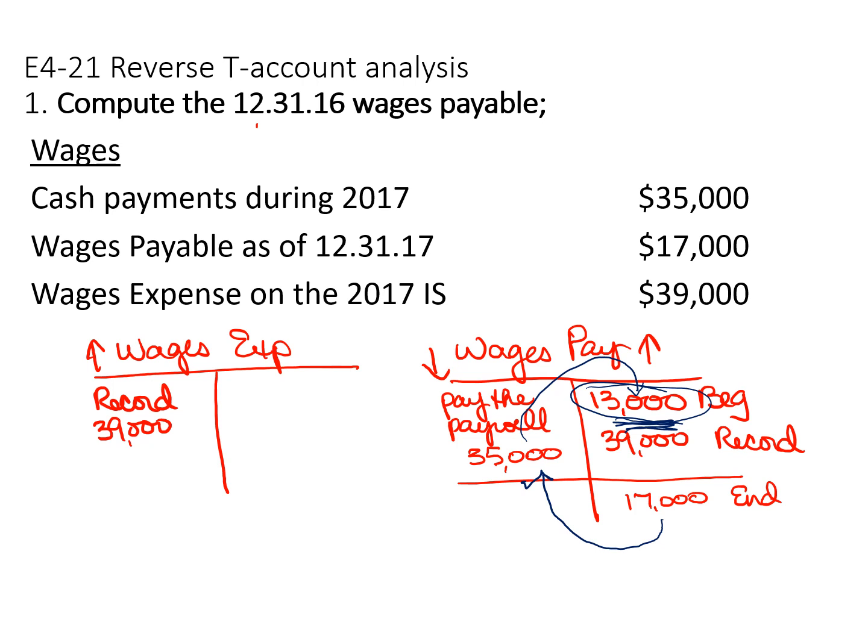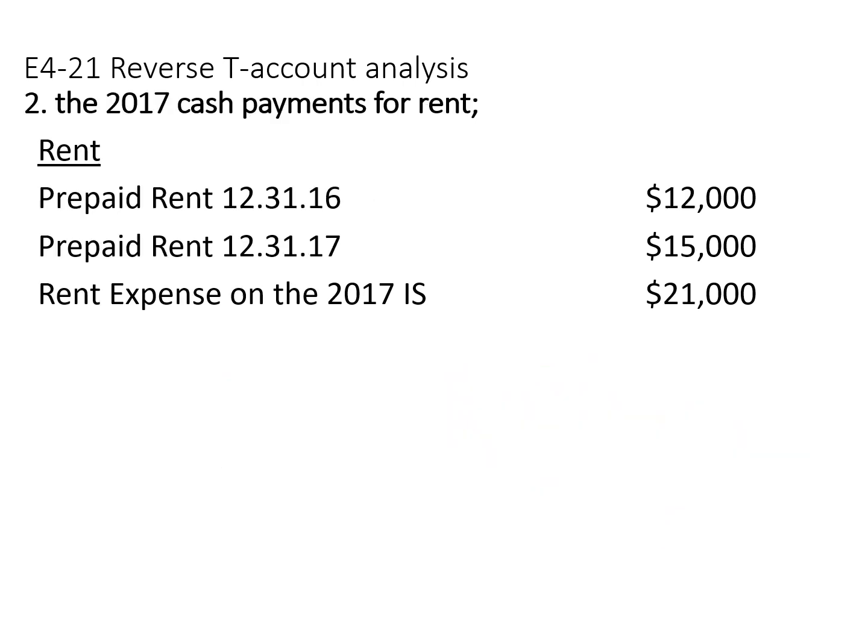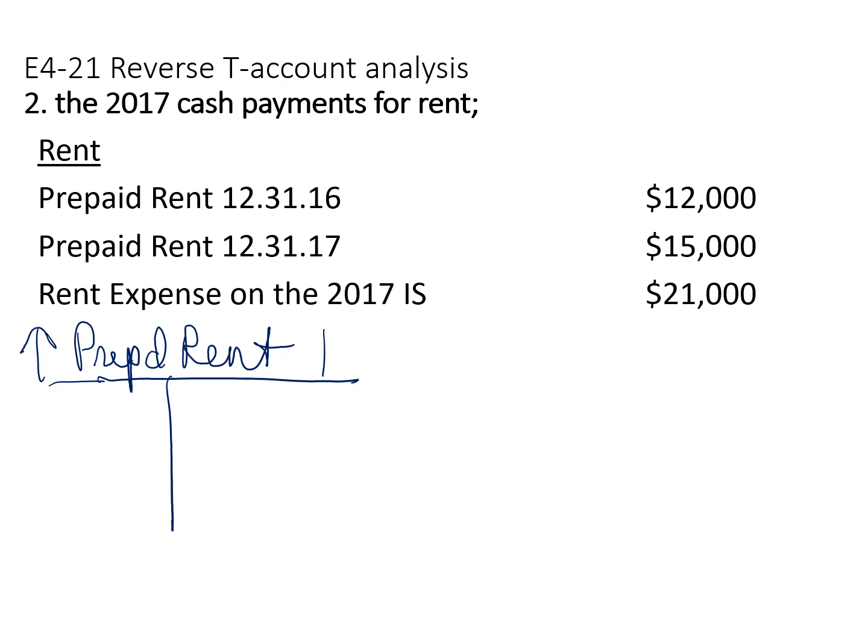Let's try another one. Here we have prepaid rent and rent expense. Well, what do you know about prepaid rent? We know it's an asset account, increased by debits, decreased by credits. It'll have a beginning debit balance.